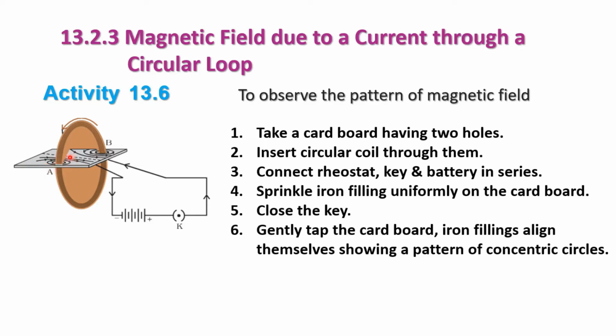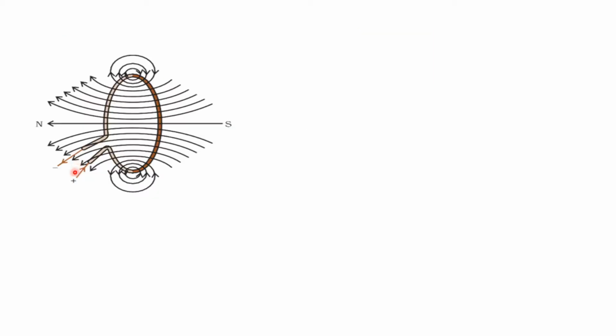So over here concentric circles will be formed and over here also the circles will be formed. So the pattern will be seen in such a manner. So the loop is in this form. The current is passing from this side and coming out to this side.